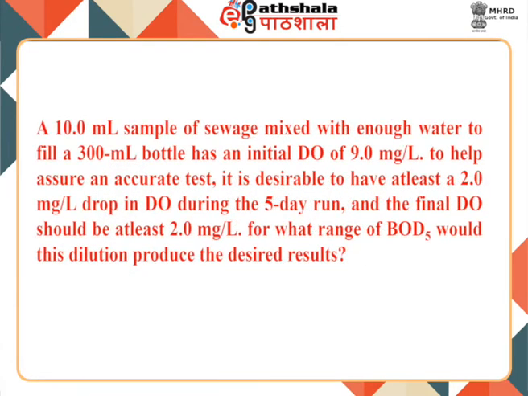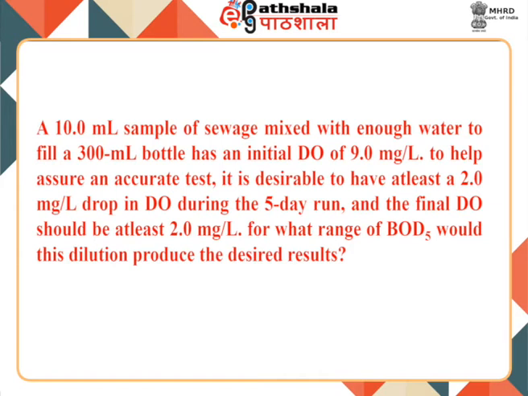Now here you see an example for the calculation of a 5-day BOD test for an unseeded sample, like a 10 ml sample of sewage mixed with enough water to fill a 300 ml bottle which has an initial DO of 9 mg per liter.